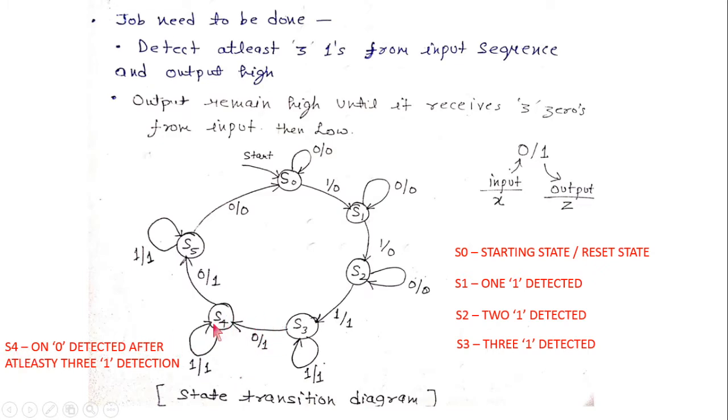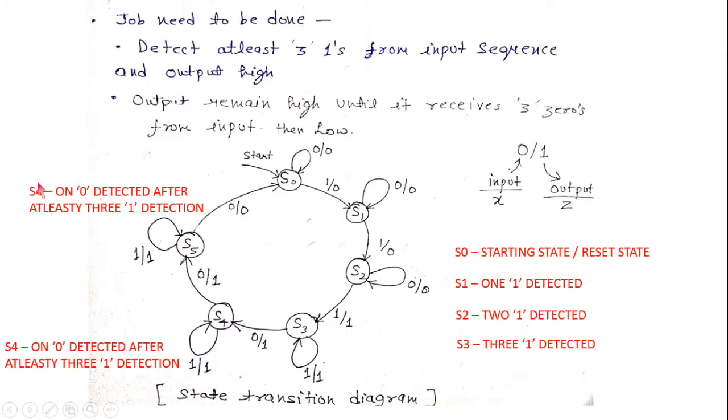Again in state 4, if we get 1, the output will remain high. Why? Because it will go low only when it gets the third 0. It is not getting the third 0, that's why it remains in state 4. Now if from state 4 we get input 0, the output will still be 1, because this is the second 0.